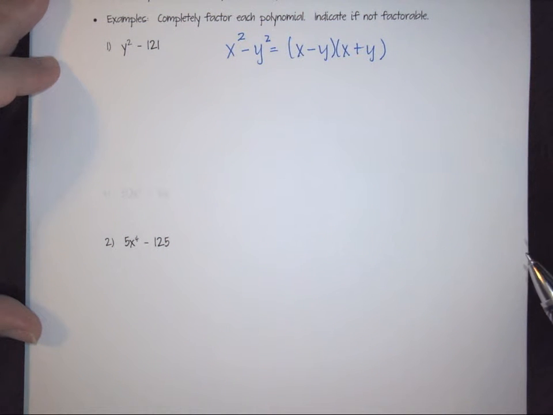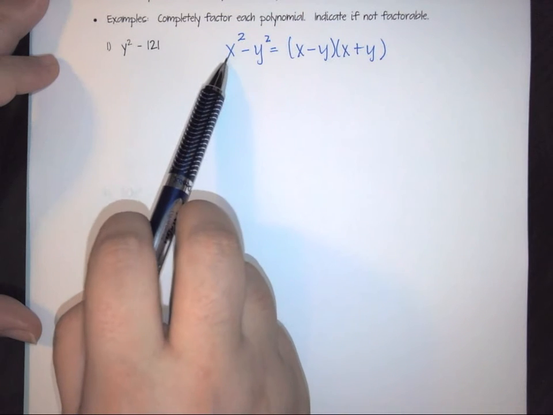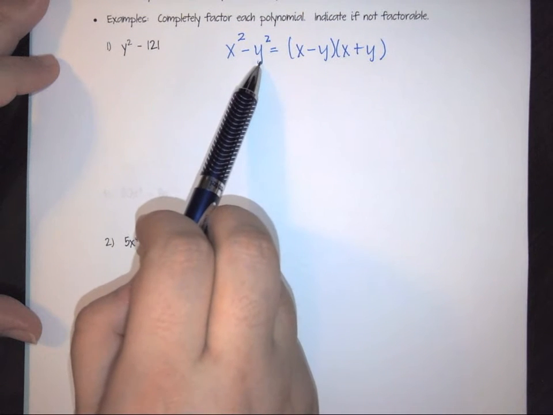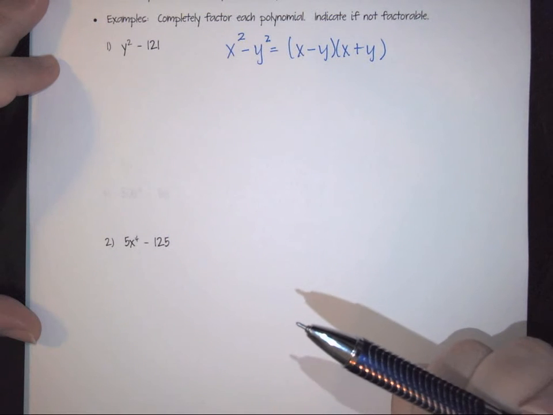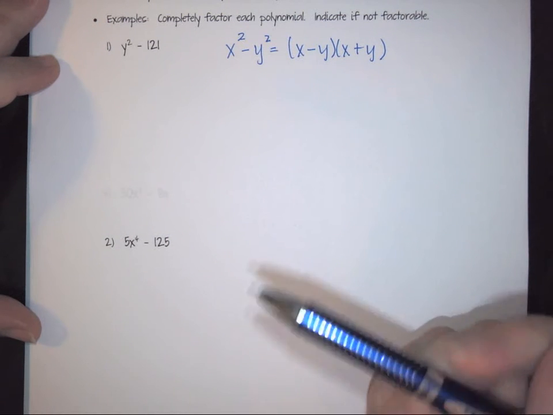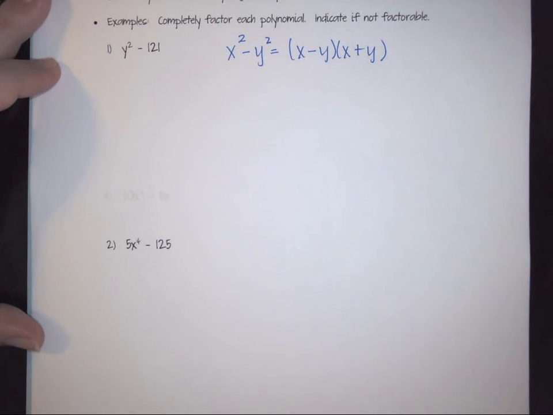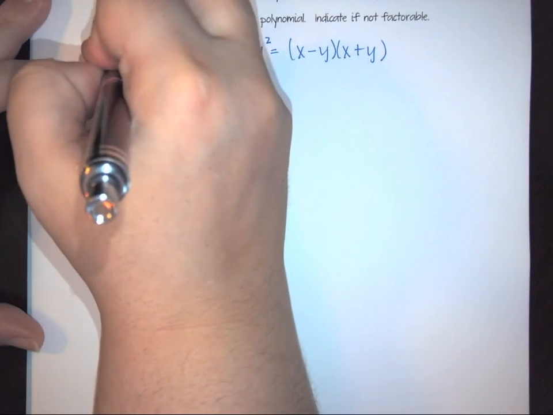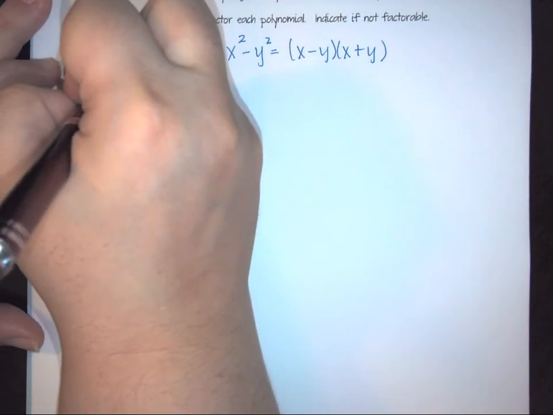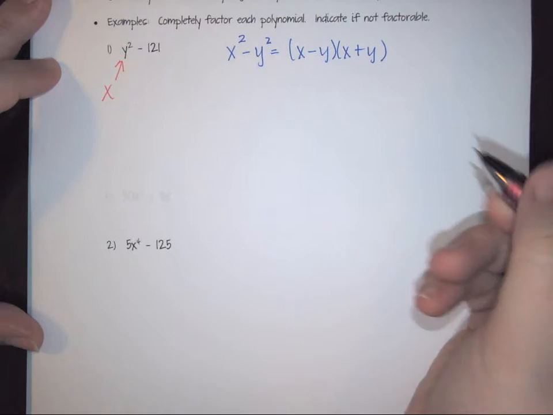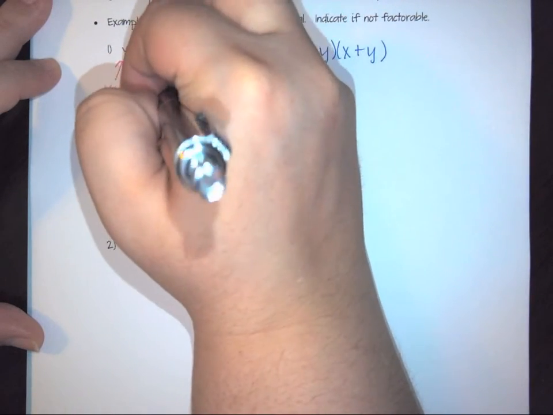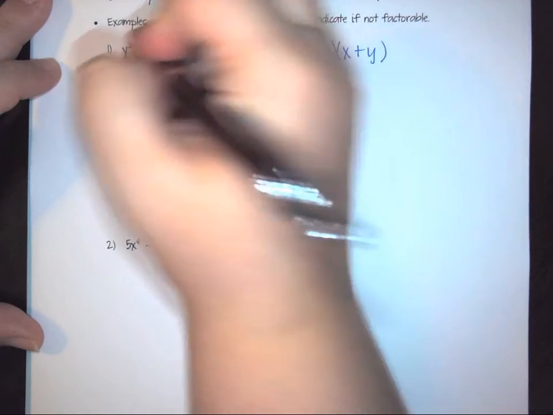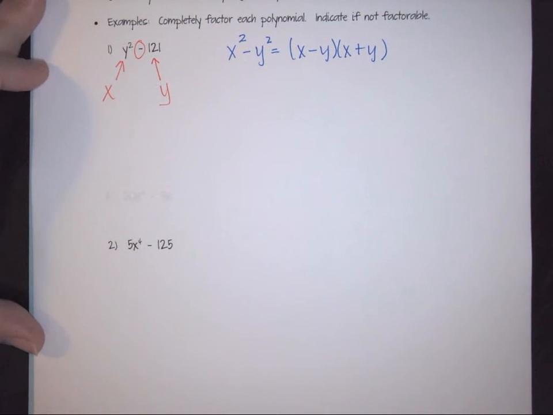So what we have to determine is what is this x value and what is this y value. So I have y squared minus 121. So what that means is that this first value is your x, and this second value here would be the y side. And notice I do have my subtraction, so I can use the method.